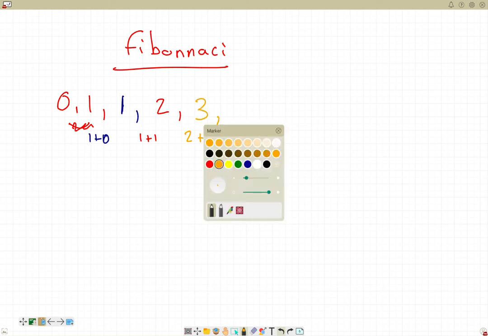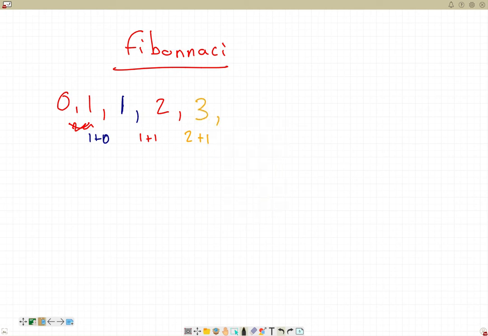Next term, I have to do 3 plus 2, which is 5, then 5 plus 3, which is 8, then 8 plus 5, 13, 13 plus 8, 21, and so on. So this sequence carries on forever, guys. It's an infinite sequence.